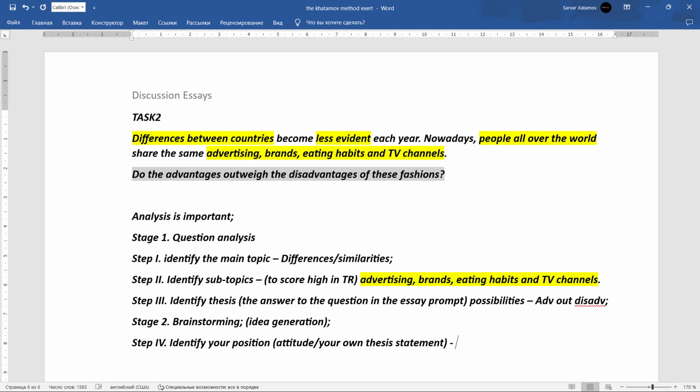For example, someone could write that advantages outweigh disadvantages. Someone could say disadvantages outweigh advantages. Someone could say, well, there are both advantages and disadvantages to this development, right? So here you try to ask yourself whether you agree or disagree, or are there more advantages or disadvantages, or is it kind of a balance between these two extremes, right? So this is it.